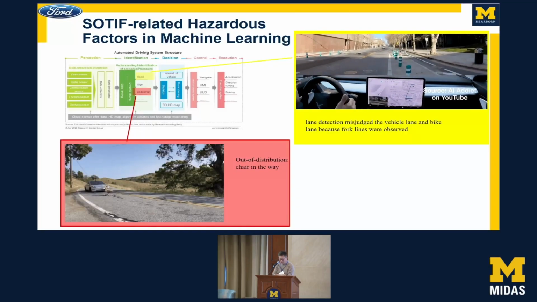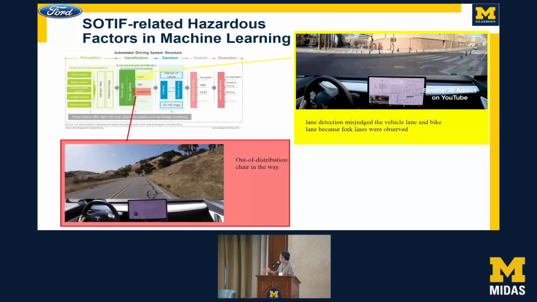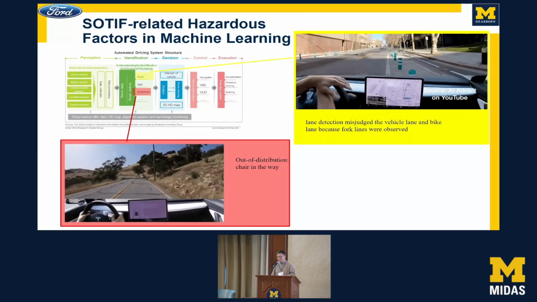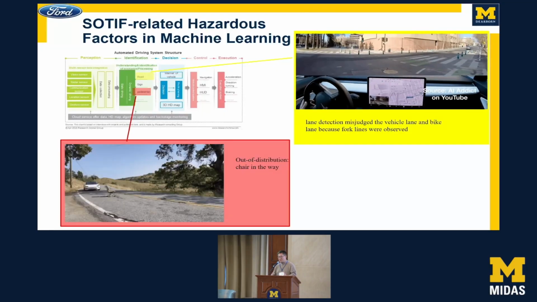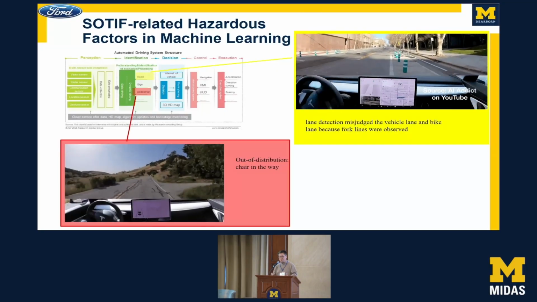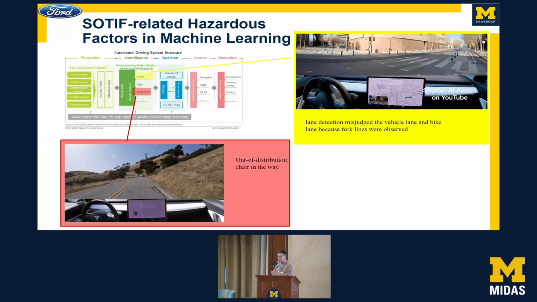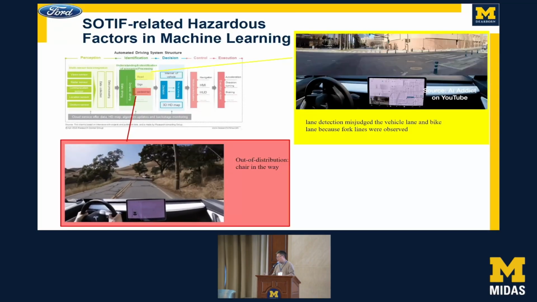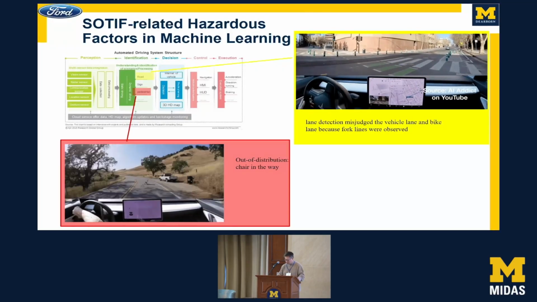The second is more interesting. Someone put a chair in the middle of the road. I don't think you will meet such an event in the training data. That's an out-of-distribution event. You never meet it when you're training your model.